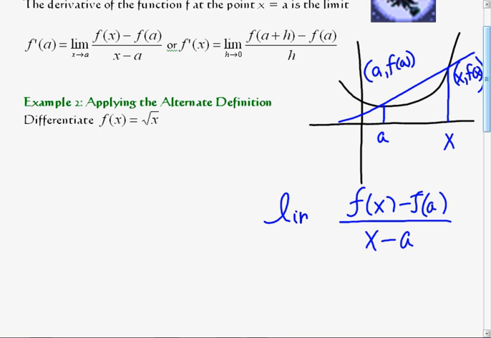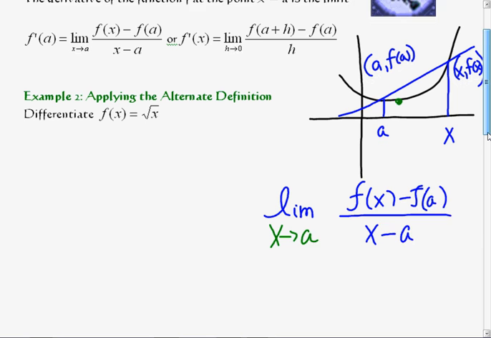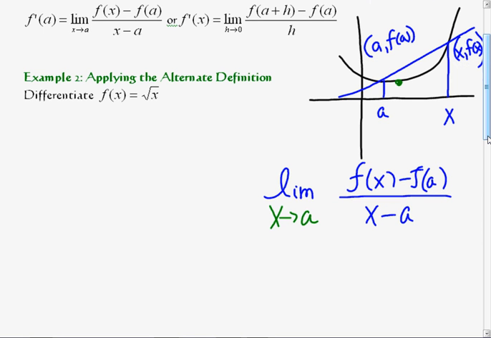And what I want to do is find the derivative, so it's the limit. It's not h now. What's happening to x? It's approaching what? A. So x approaches a. And in the homework, some of the problems use the first definition, and some of the problems will ask you to do this definition. The algebra tends to be different.